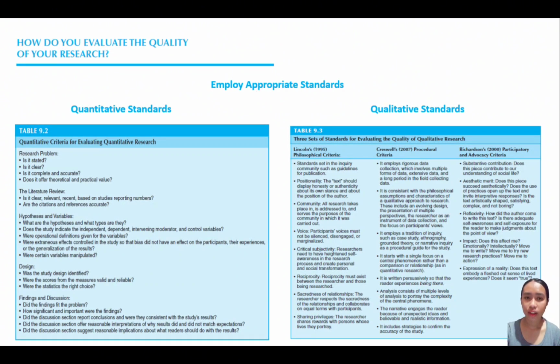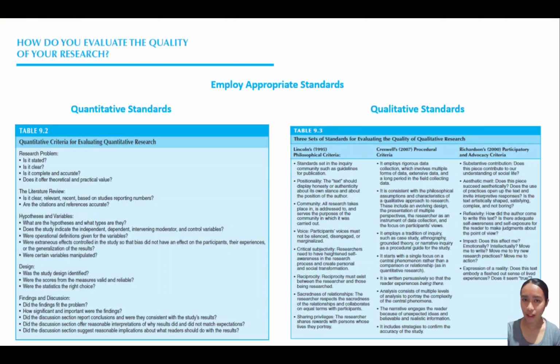Second, the criteria consider how well the research is presented. Is it engaging, artistically shaped, and does it invite readers to think and respond? Third, they encourage authors to reflect on how they came to write the research and if they showed enough self-awareness in their work. This helps readers understand the author's perspective better.